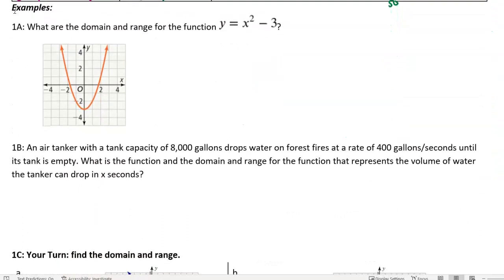Speaking of domain and range, let's look at this example. It says, what are the domain and range of the function y equals x squared minus 3? Well, even without looking at the graph, we could identify the domain pretty easily, because think about it. This is my input. So what numbers can I put in there for x? I can put anything I want. There are no limits. I could put any negative number, any positive number, any decimals. So pretty much negative infinity to infinity.